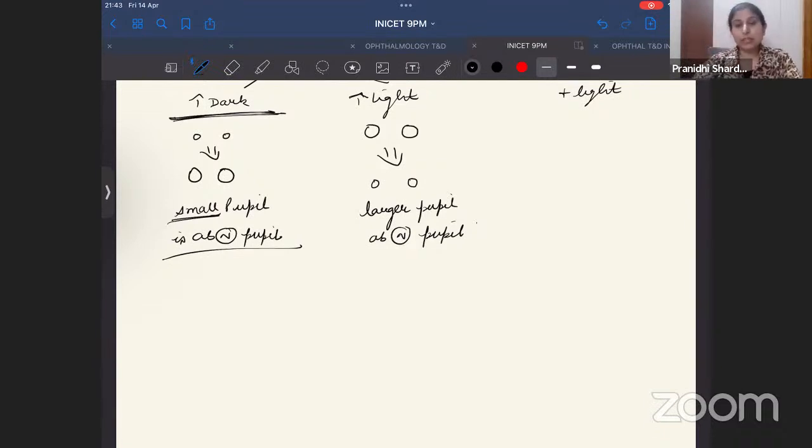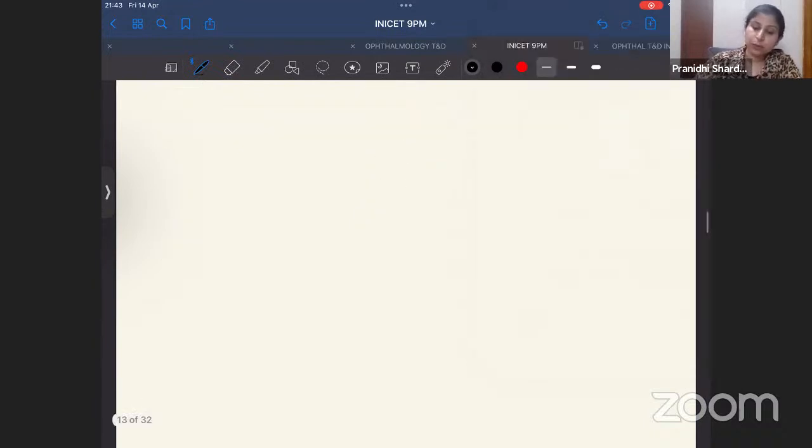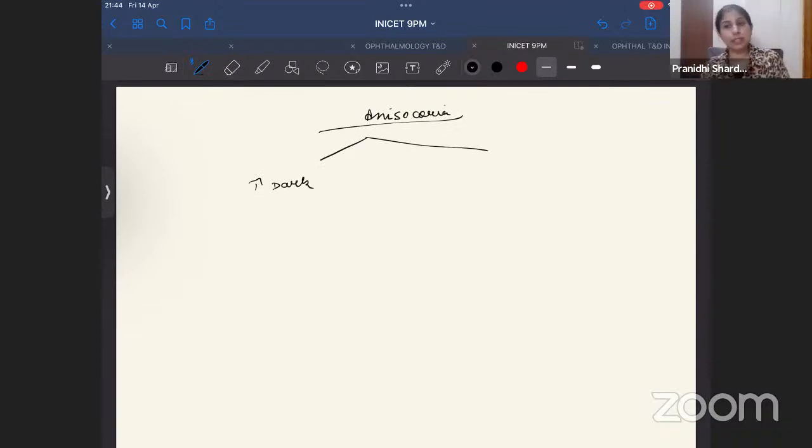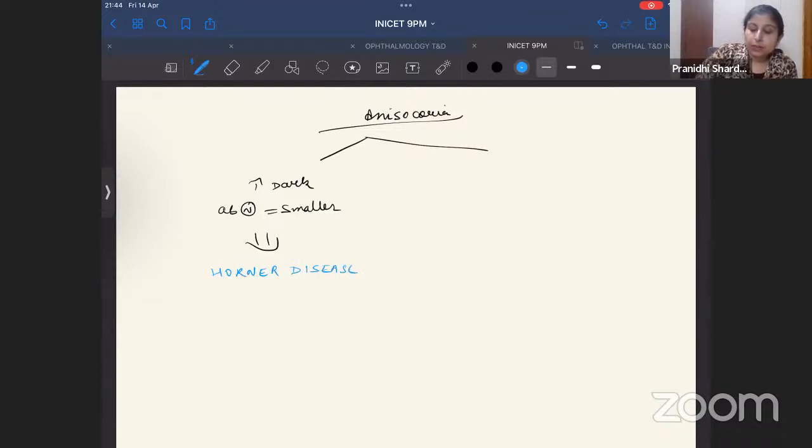Now how to approach patients of anisocoria? If it increases in dark, the abnormal pupil is smaller in size. We know that the normal response should be dilatation, and the sympathetic system causes dilatation of the pupil.